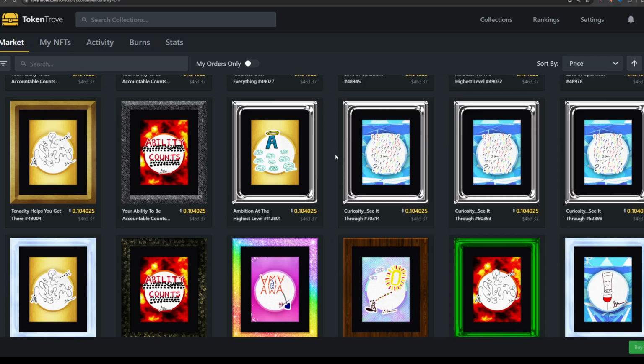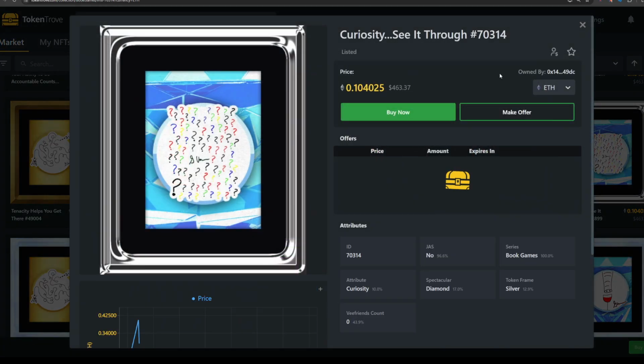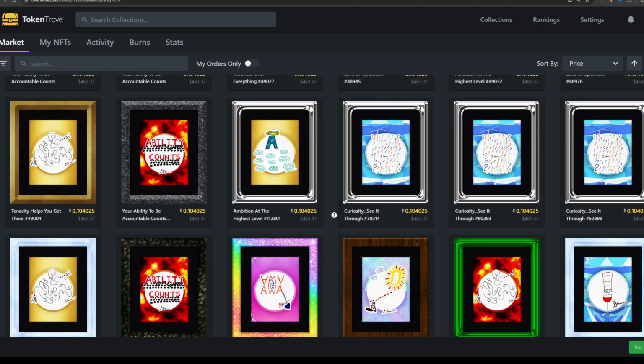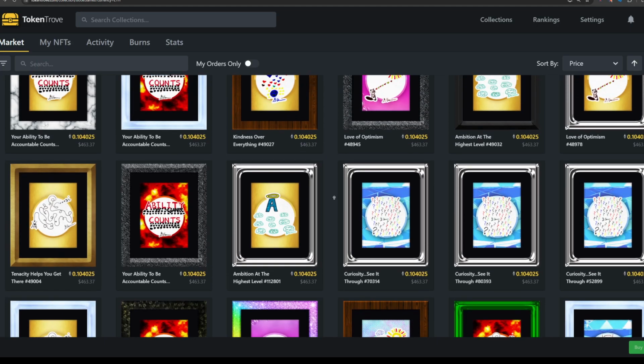So we've been working our way backwards and picking out anything that arrived as we saw it. Recently we stopped and we were clicking on this Curiosity Diamond Silver, but we'll continue forward.